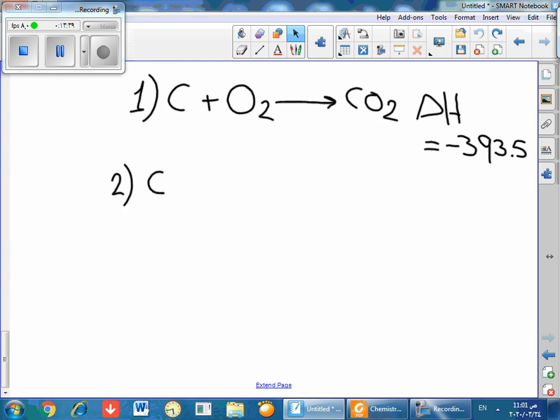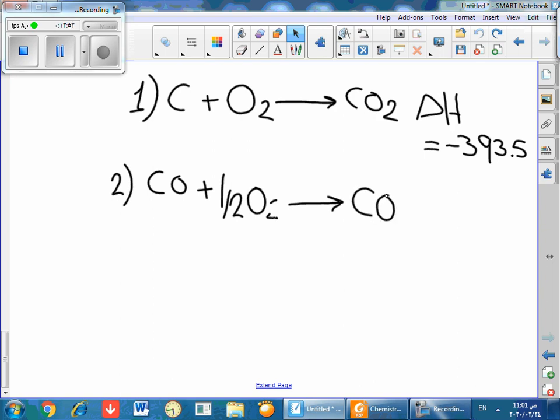And the second equation, CO plus half O2 forming CO2. Delta H for this reaction equals negative 283 kilojoule per mole.